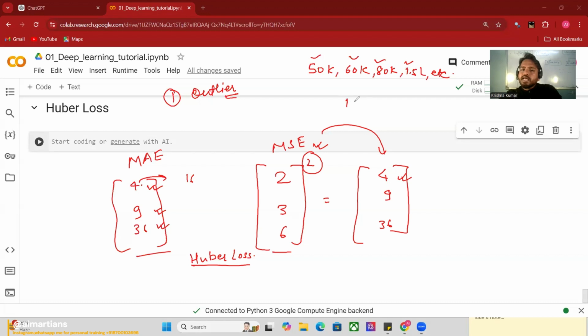But one person is getting a salary of 1 crore every month. So he is an outlier. He is not following this trend. Similarly, a person getting a salary of, let's say, 1,000 is also an outlier. One is on the maximum side and the other is on the minimum side.